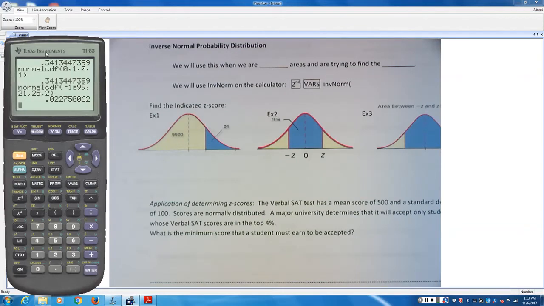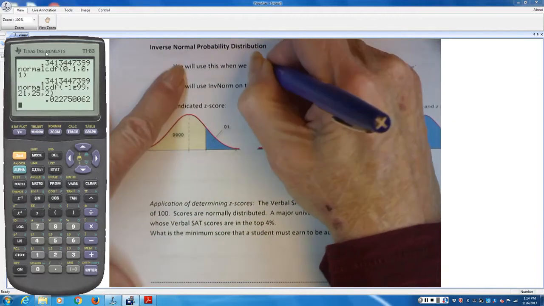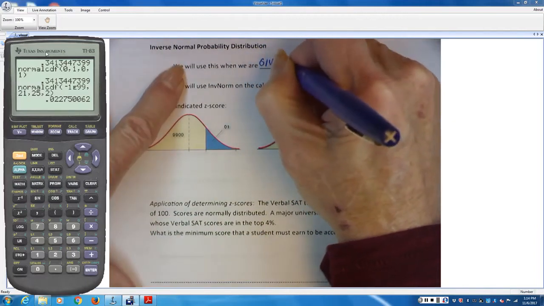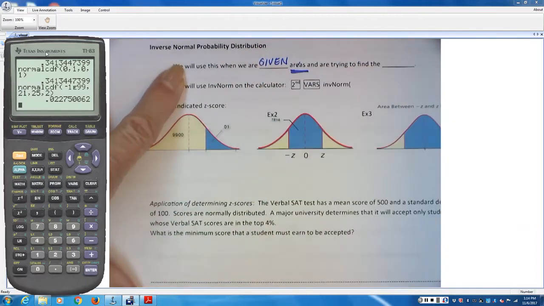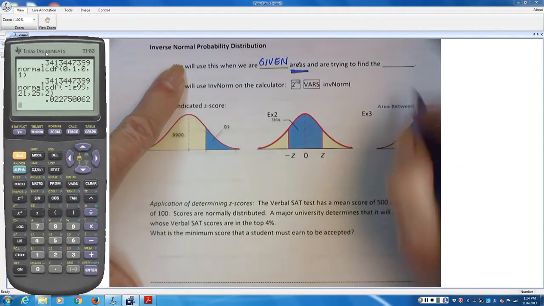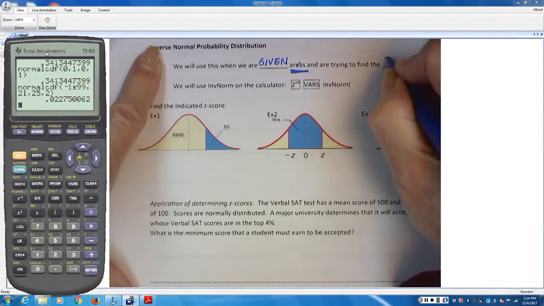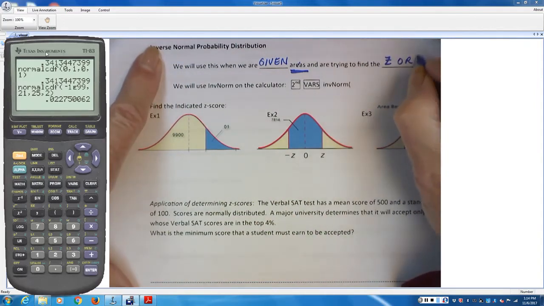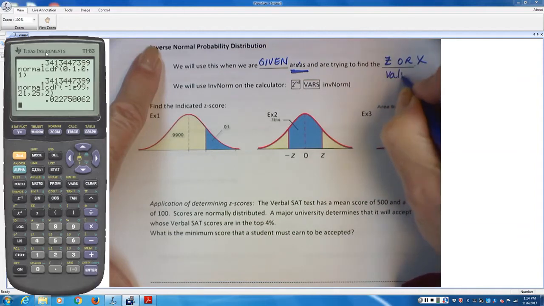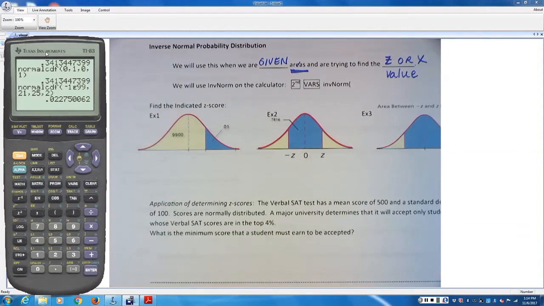In this case, we're not going to be given the z-scores and asked to find the probability. This time, we're going to be given the areas, and trying to find the z or x value, depending on whether it's a standard normal or just a normal distribution.